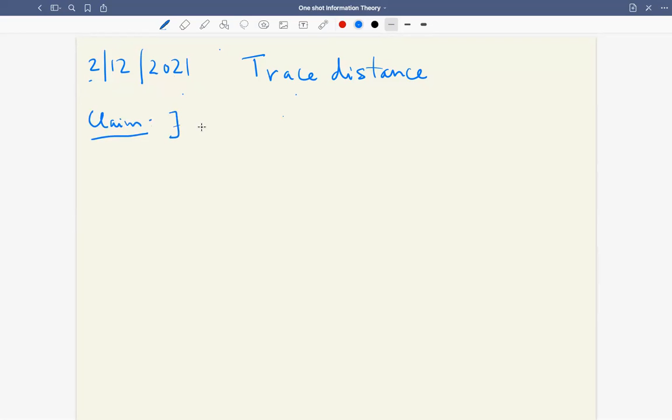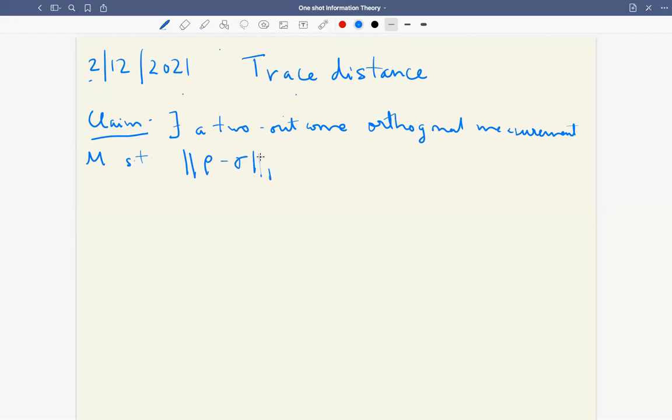There exists, in fact, a two outcome measurement M such that the Schatten L1 norm between rho and sigma is equal to the vector L1 norm.